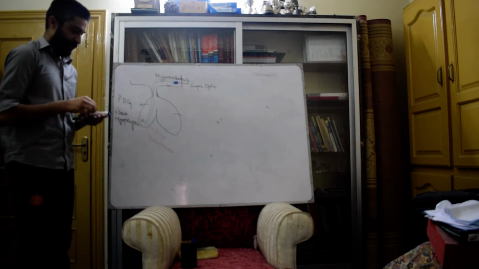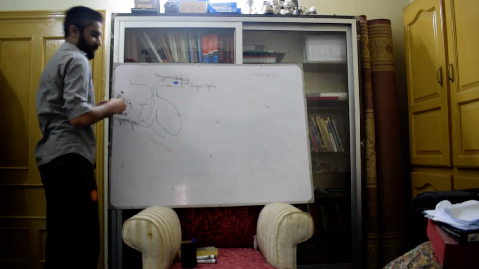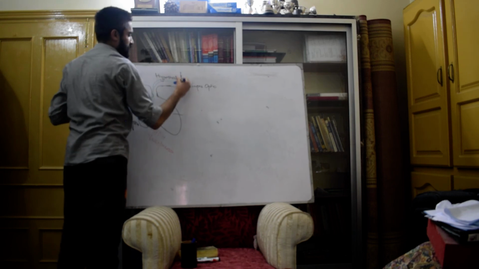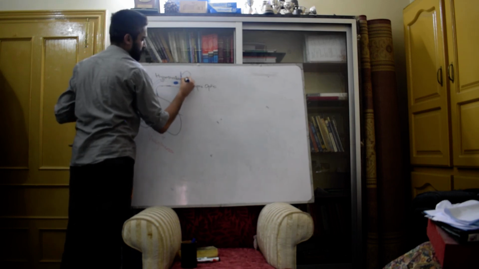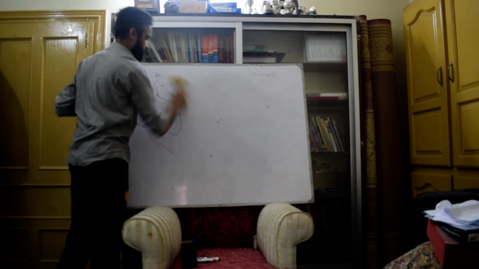In this hypothalamus, there is another very important area. There are two outgrowths. Let me draw it here.